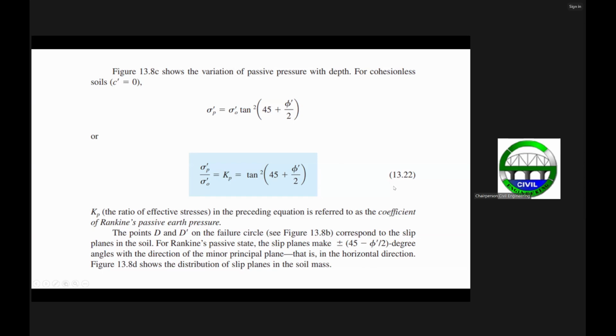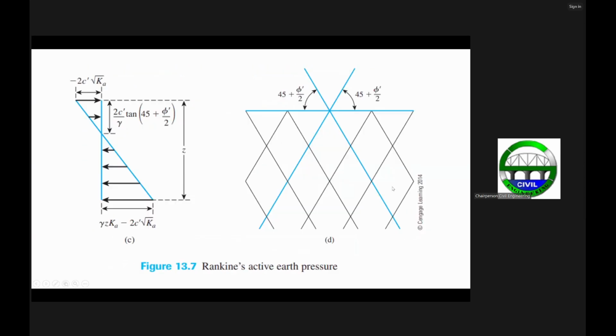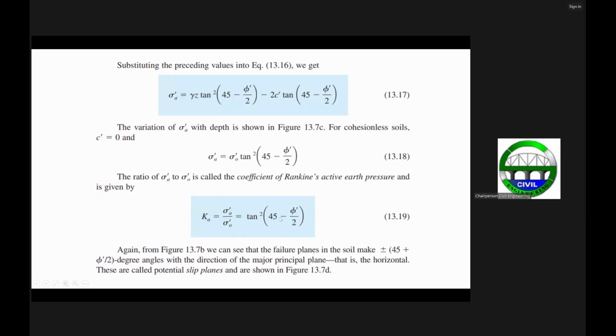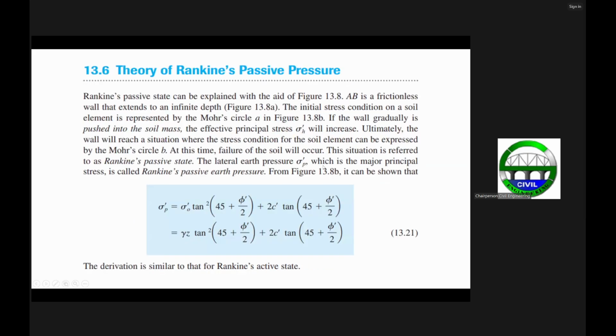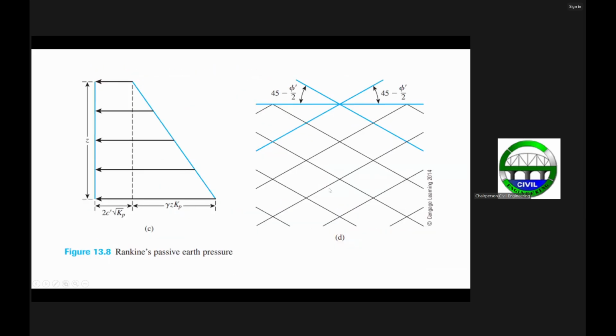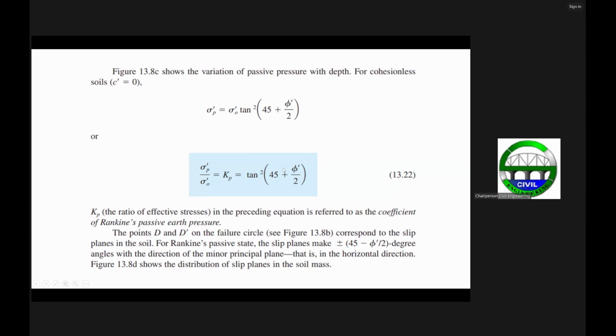So take note here. In the case of the active earth pressure coefficient, this is minus, but the slip planes have an angle of plus, a higher angle of slip plane. While for the passive earth pressure condition, you have here plus, but the slip planes make an angle of 45 minus phi prime over 2.